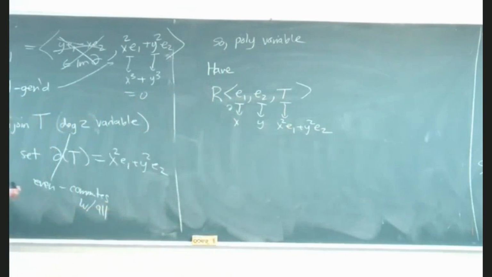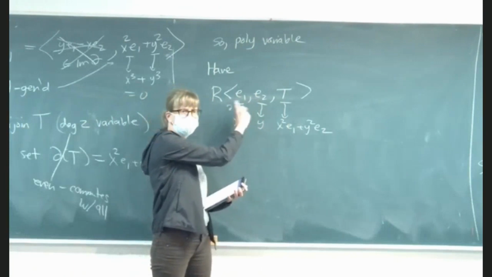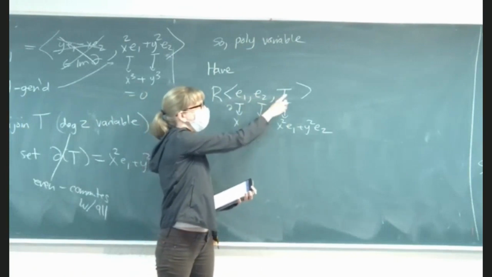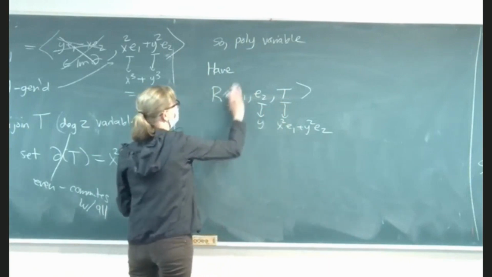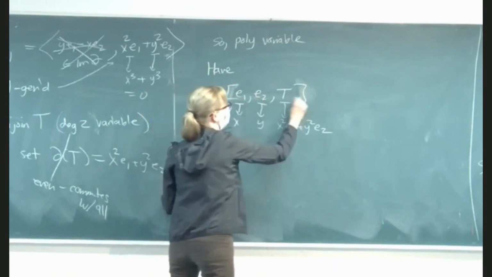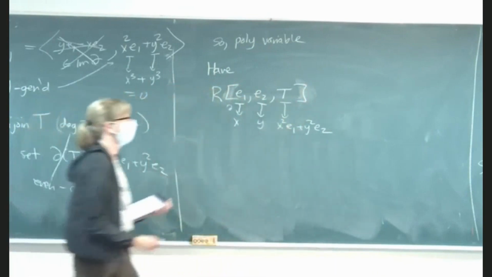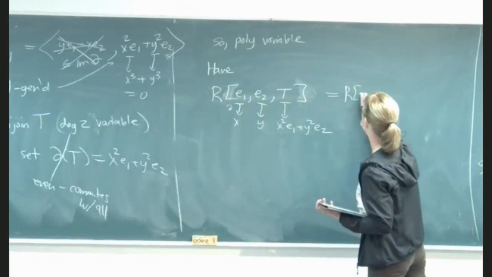Okay? All right, so this entire algebra, and this notation is understood that this is the exterior algebra generated by these, and the polynomial ring generated by that. Oh, sorry. Let's put square brackets. Okay, square brackets.